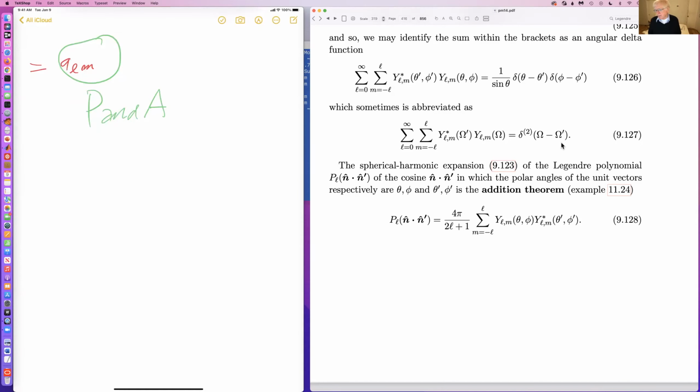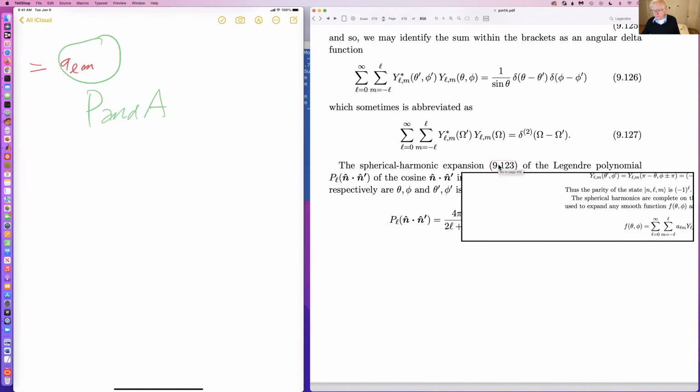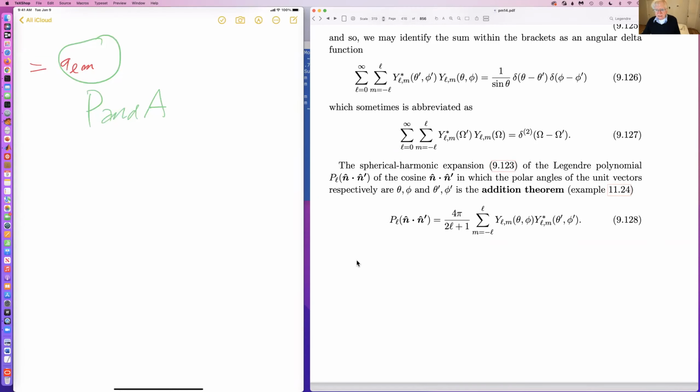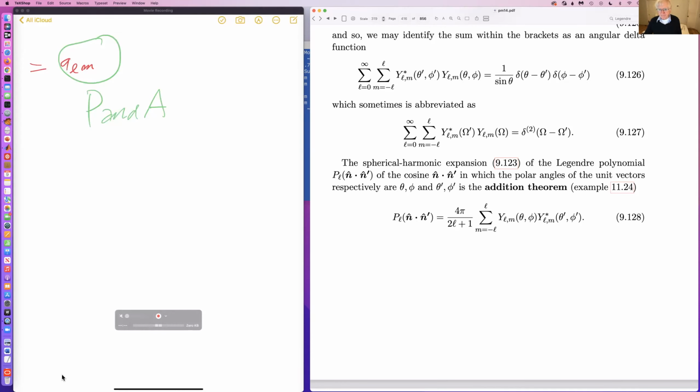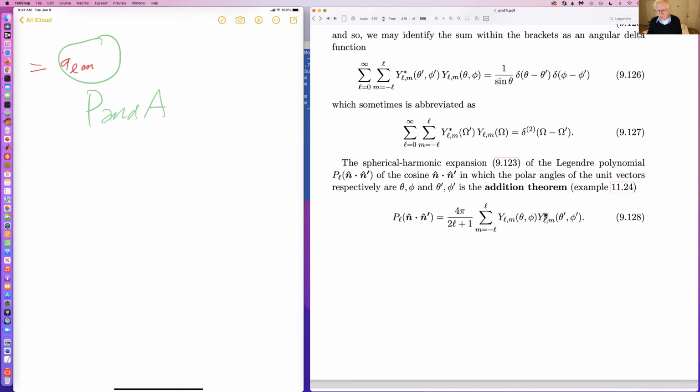We had a spherical harmonic expansion of the Legendre polynomial. If we do a spherical harmonic expansion of the Legendre polynomial P_L of n dot n prime, then if you think of it as a function of theta and phi, you can expand it in terms of the YLMs of theta and phi.